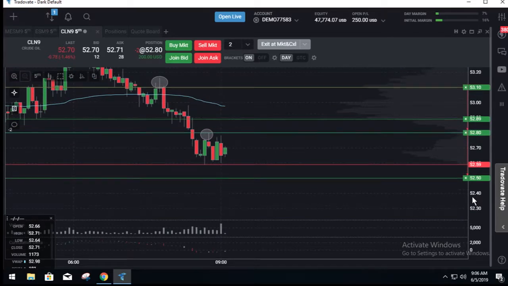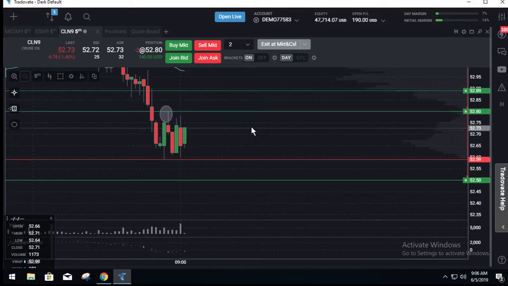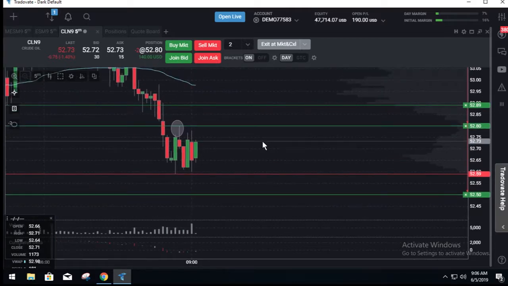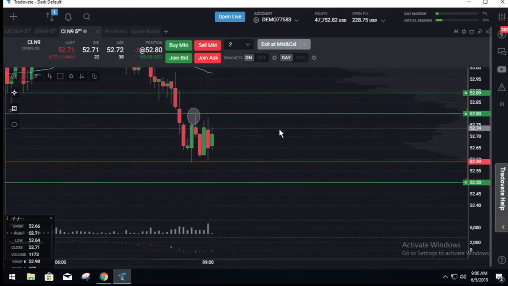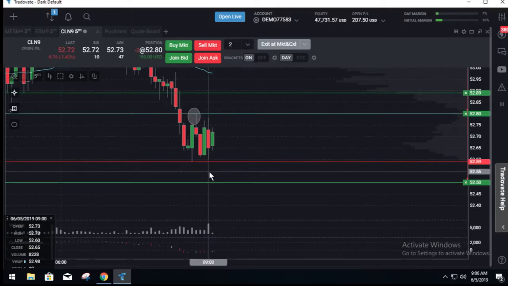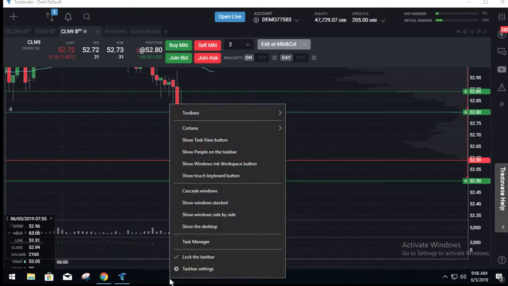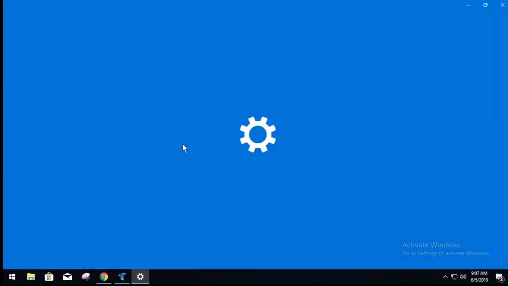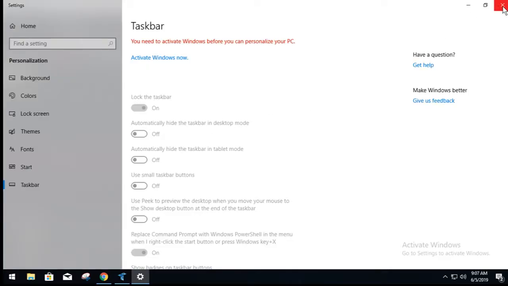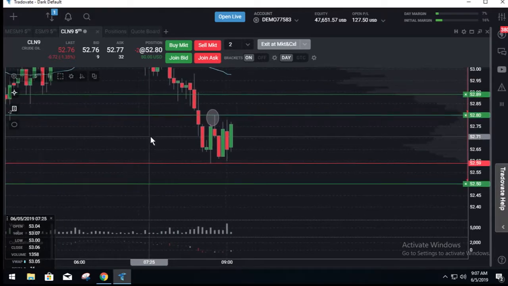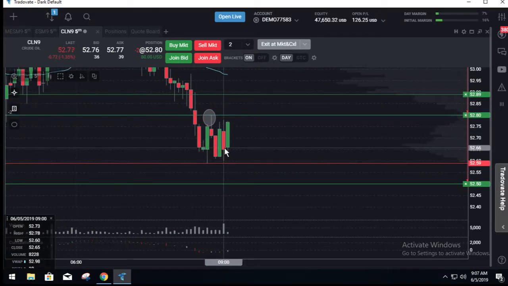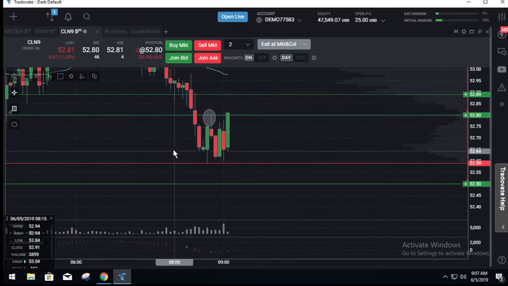This is a battle. Opening 5 minute bar. It hit this bar and remains here. 10 to 27.